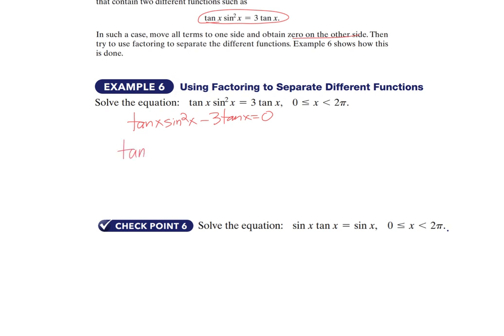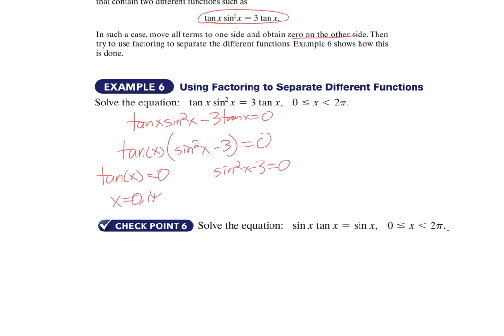Because if I factor out the tangent of x, I'll be left with sine squared of x minus 3, and I get these two to equal 0, then I know I can use the zero product property, and tangent of x has to equal 0, or sine squared of x minus 3 has to equal 0. Now tangent of x will equal 0 when x is 0 or pi.